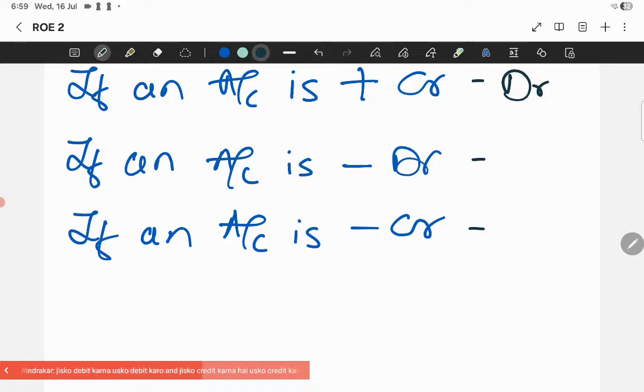If an account has to be debited 100 rupees, but it has been debited only 90, it becomes necessary to debit it again for rupees 10, because that much was short. Same, if an account is given short credit, then you have to increase that credit. To do that, we are again crediting it. That you need to remember.